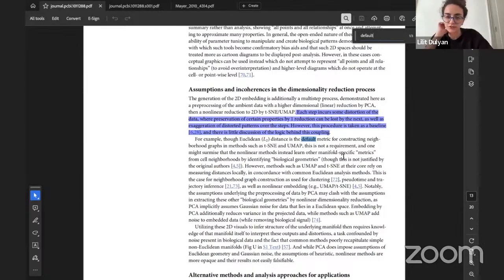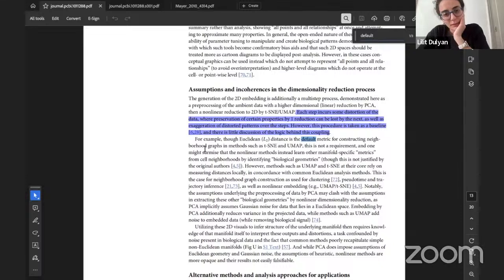Yeah, no, I think it's a very good question, because I also was not sure if you can use Euclidean distance to calculate the distance in a manifold space.